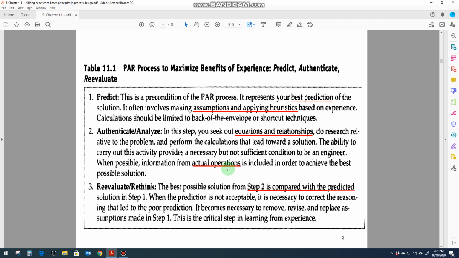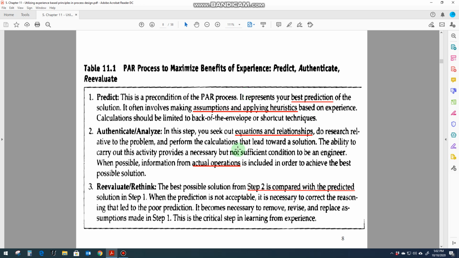Now the third one, reevaluate and rethink. The best possible solution from step 2 is compared with the predicted solution in step 1. Here in step 2 we are using some equations to get a reasonable estimate of our calculation according to our aim, and then we compare the results with what we predicted in the first step.